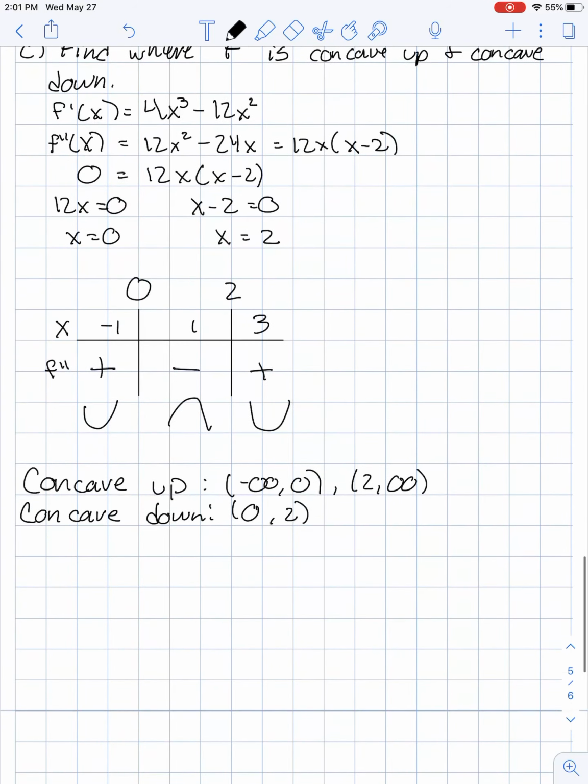All right, so the last two parts, I think they put out of order. Yeah, so we are going to D and E. We're going to plot some specific points. So local max.